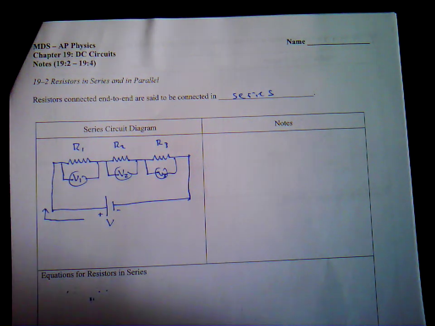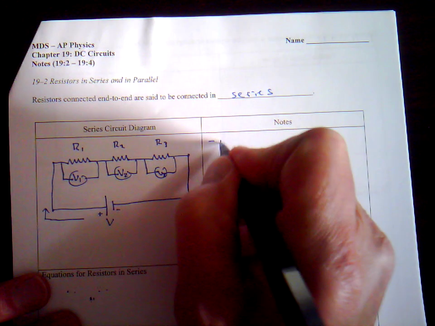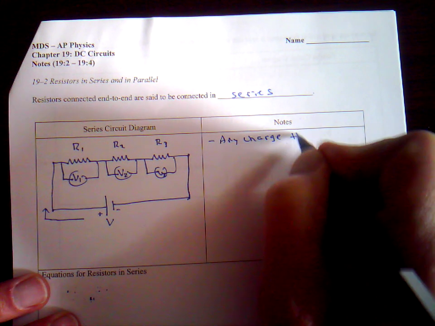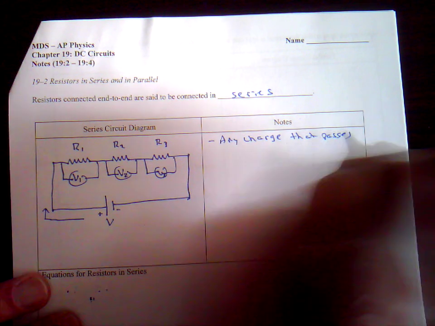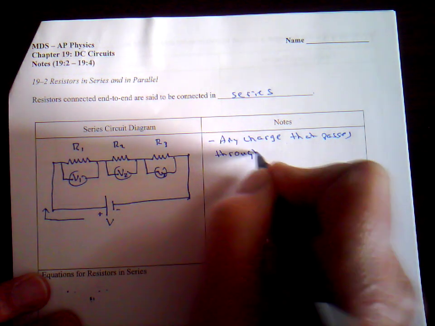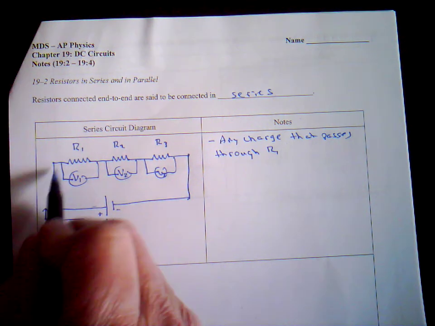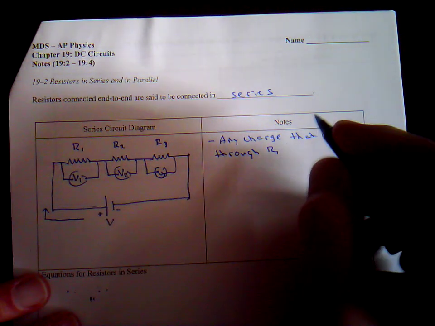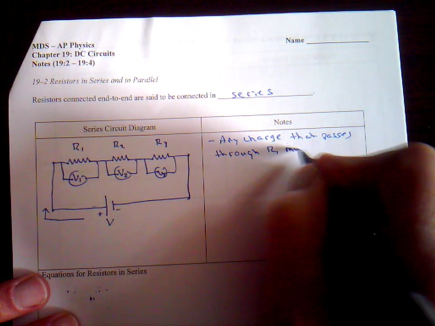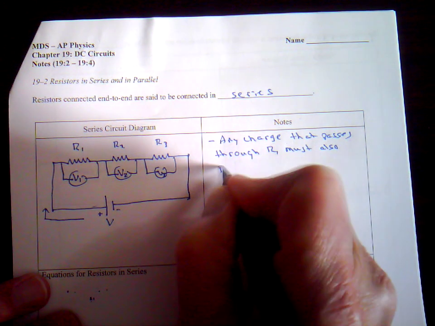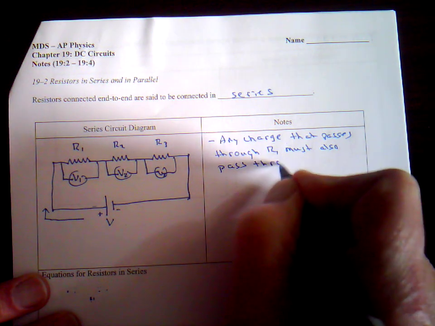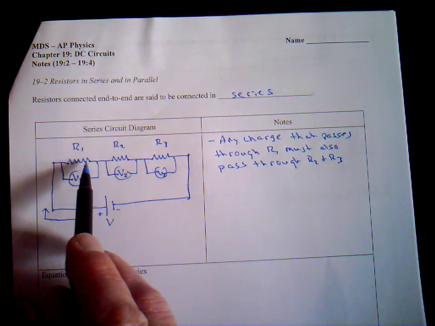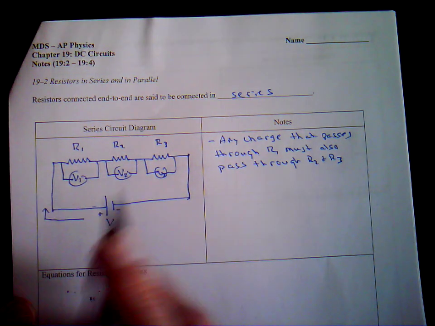Now, let's take a look at some of this information. Any charge that passes through R1, so any current or charge that passes through R1, must also pass through R2 and must also pass through R3. So any current flowing through R1 must go through R2 and R3 and back to the battery.